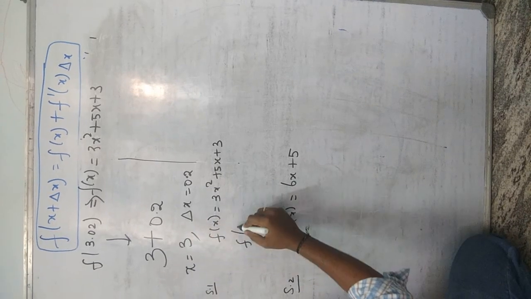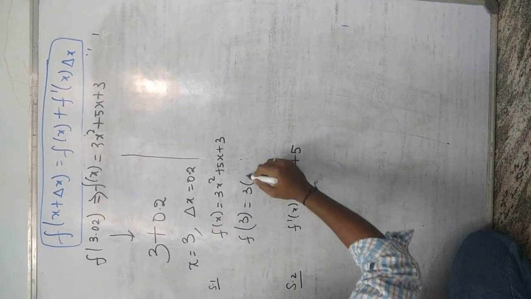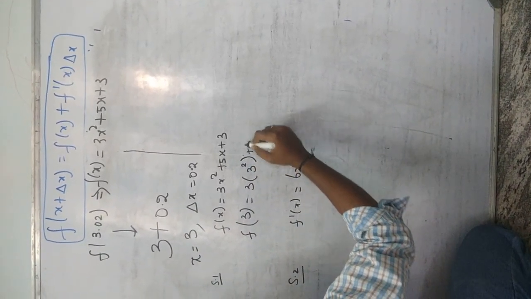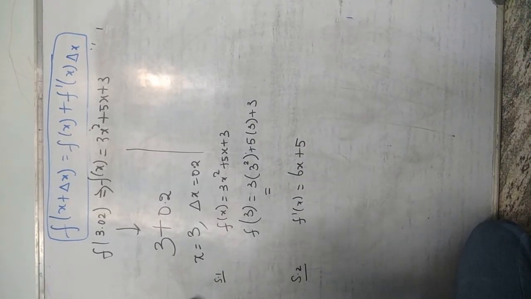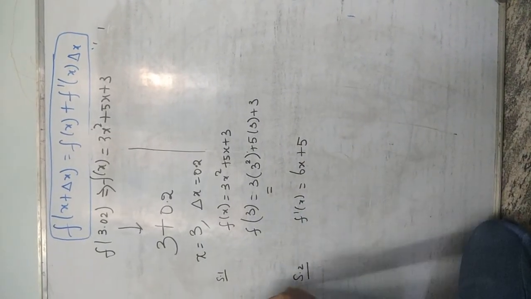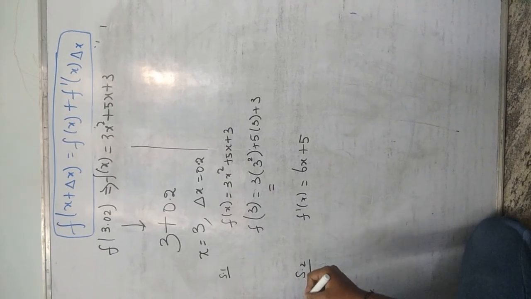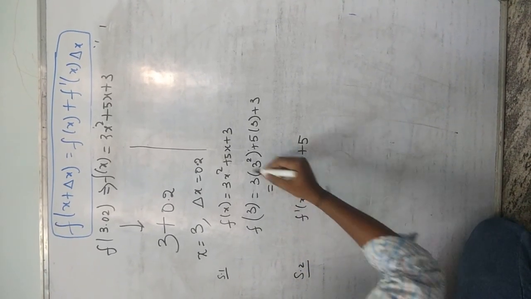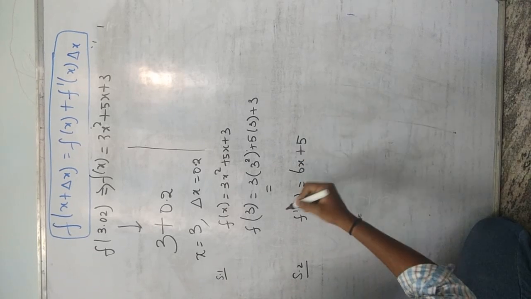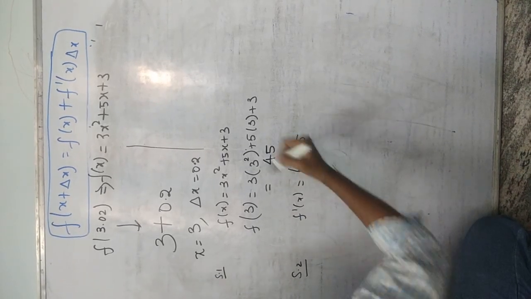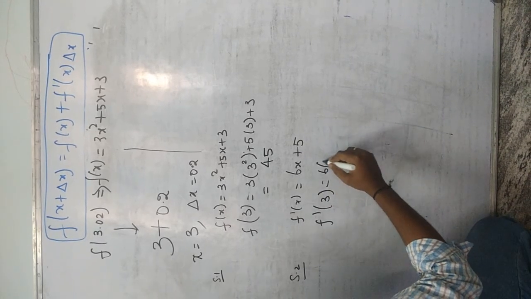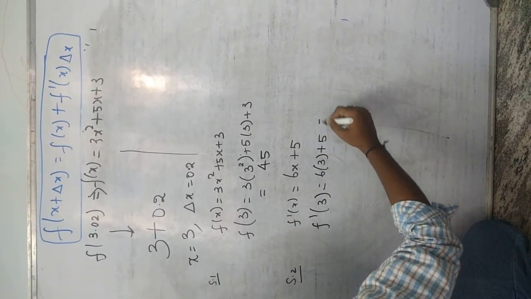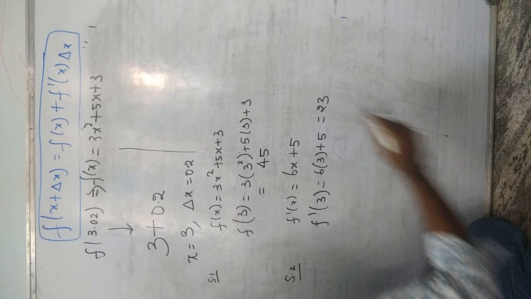Wherever x comes, 3. So 3 into 3 square, 5 into 3 plus 3. So you'll get the value. In your textbook also it is given. The value is approximately 27 plus 15 plus 3, which is 45. And f dash of 3, you get 6 into 3 plus 5, that is 18 plus 5, 23.